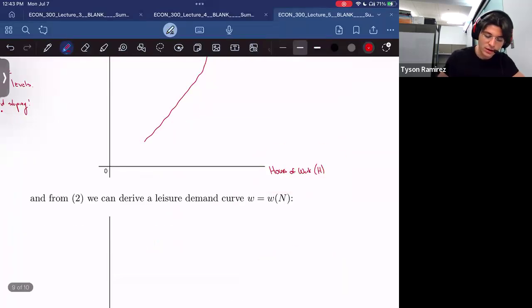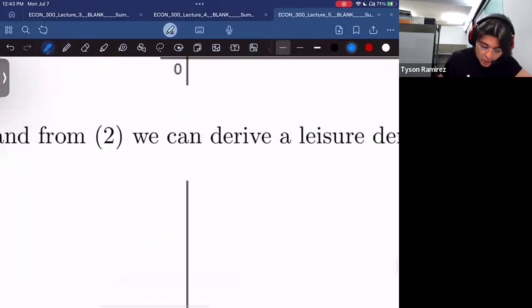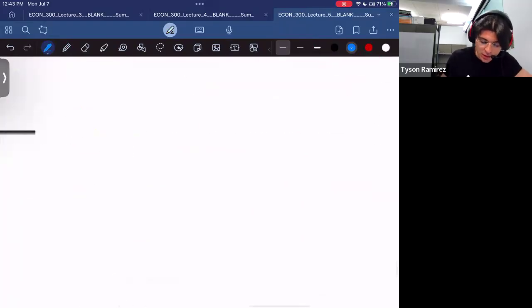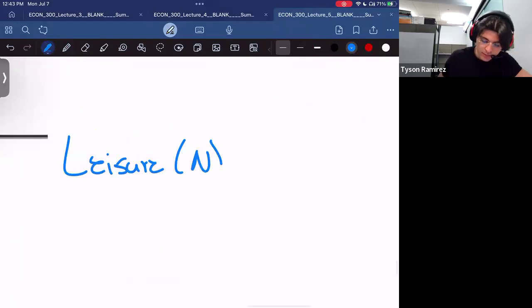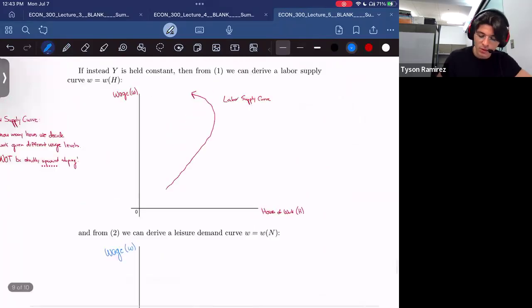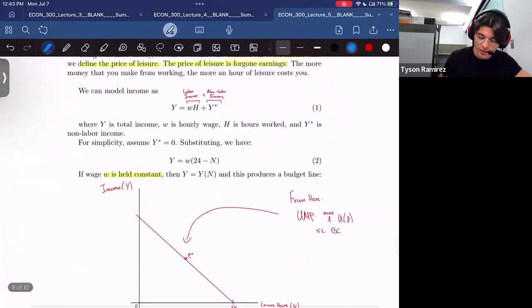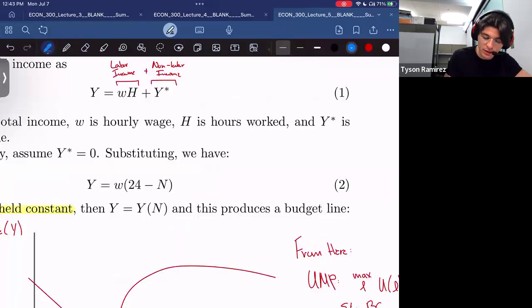look at or consider wage, W, against hours of leisure. And remember, our equation 2 gave us this right here.